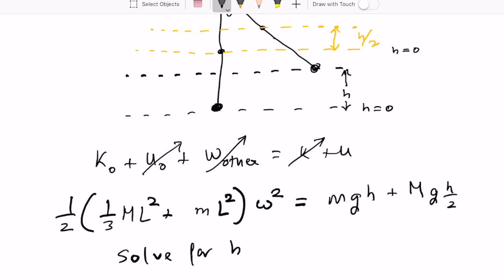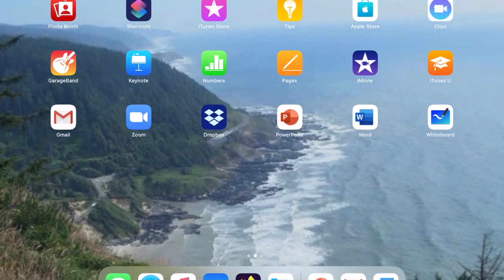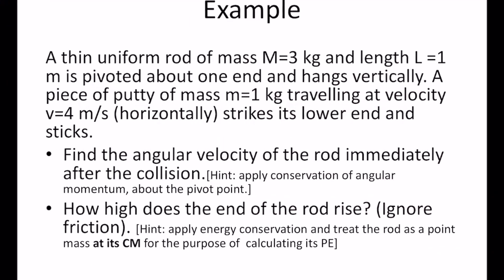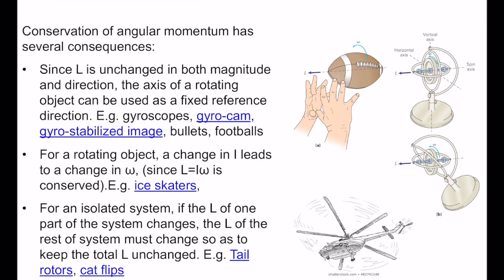Okay, so that's pretty much how you do problems on angular momentum. The last thing that I'm going to talk about is a few practical applications of angular momentum. So the conservation of angular momentum has several fascinating consequences. One consequence is the gyroscopic effect, right?